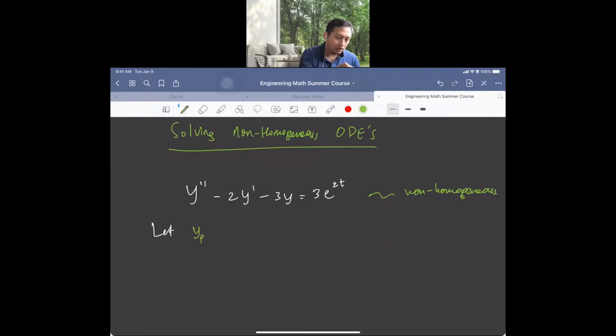If you remember yp from what we had in previous sections. Let's say this yp is the solution that can solve the non-homogeneous one.